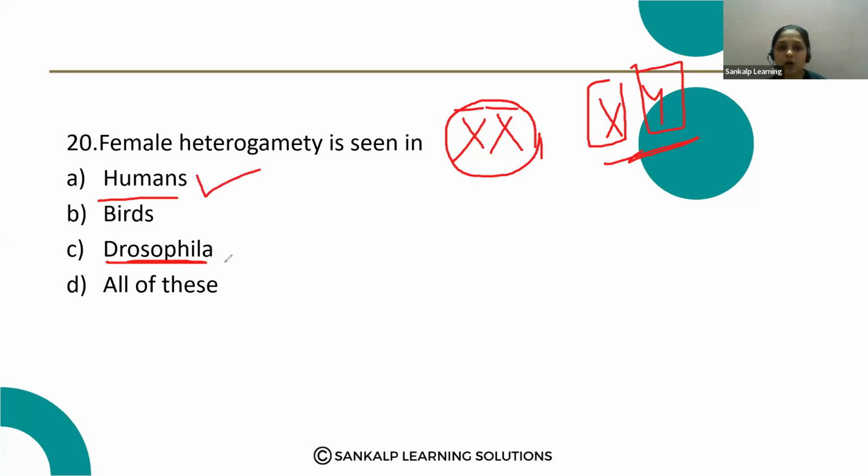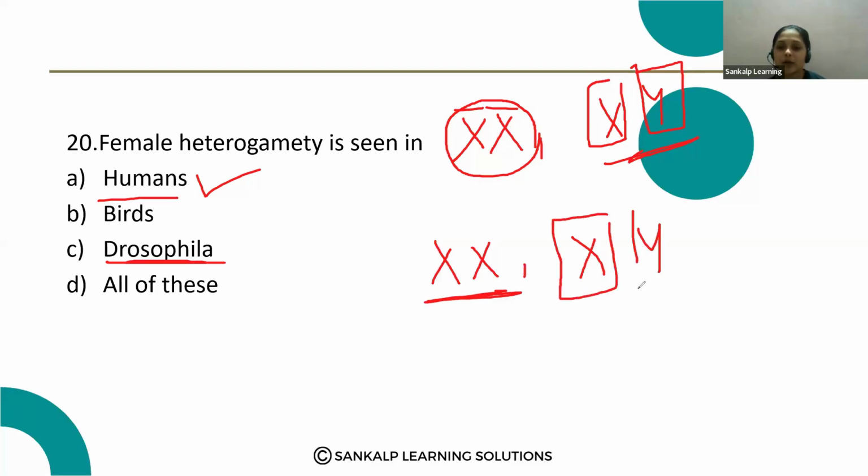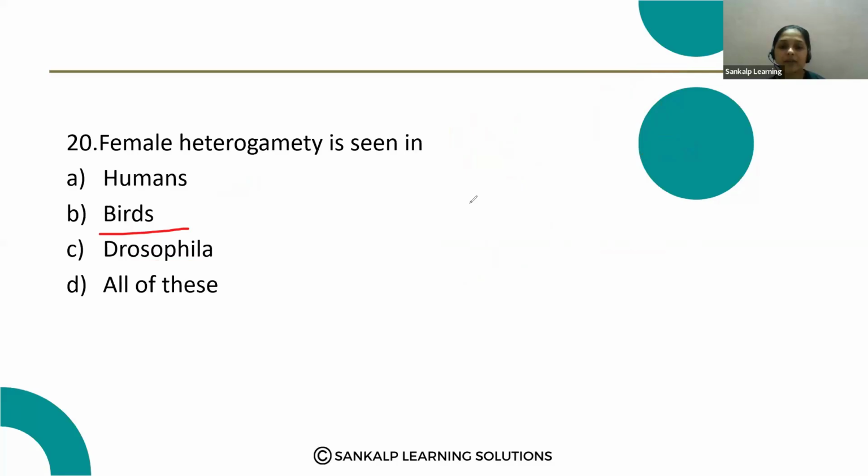In Drosophila also, XX females produce XX chromosomes, males produce XY chromosomes, meaning males are also heterogametes, and that is the same in Drosophila. But birds have the ZW, ZZ types of gamete production.